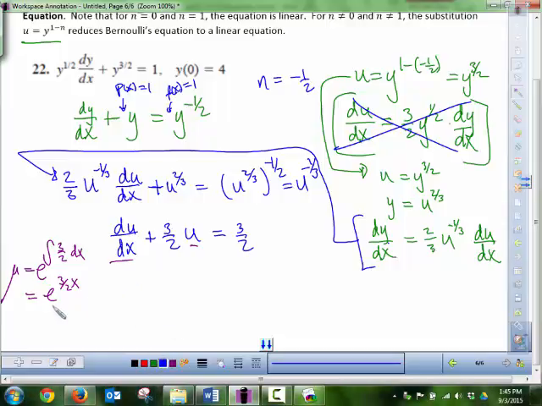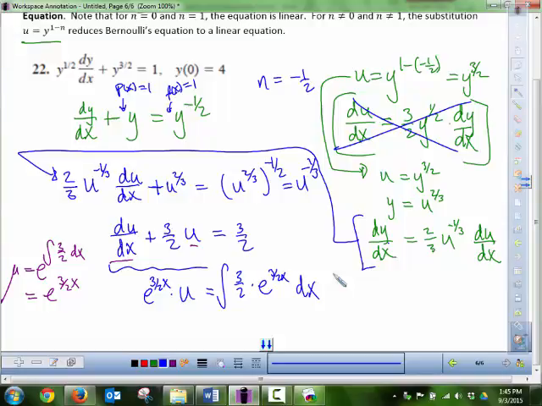So I know that this is my integrating factor, so I know that my left-hand side is going to be the integrating factor times u, and then the right-hand side I would need to integrate the 3/2 times the integrating factor. Are you guys comfortable with this step? I skipped 2 or 3 steps.